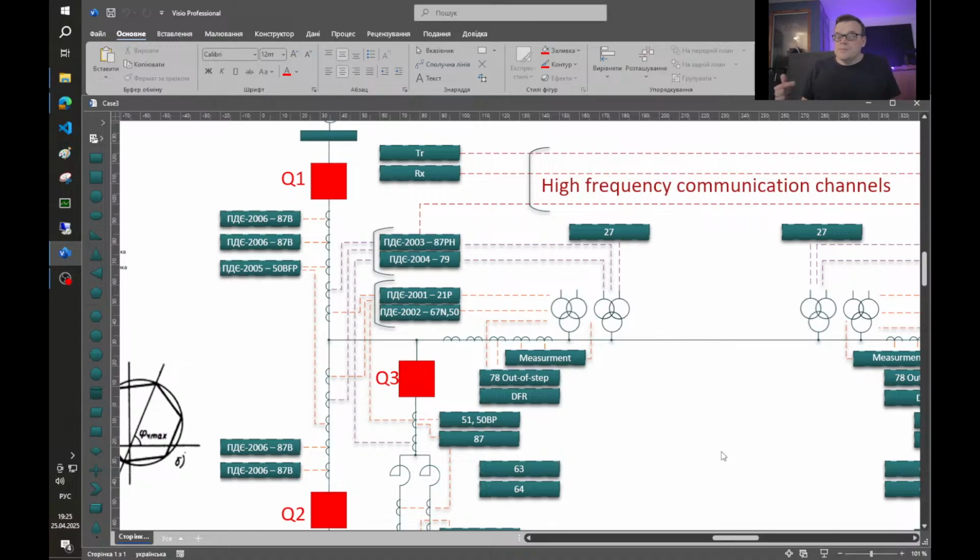And usually the tenth signal is used also by teleprotection. It's sent when single phase auto-reclosing starts, and on the opposite end this signal is also controlled by the third stage of the neutral overcurrent protection.